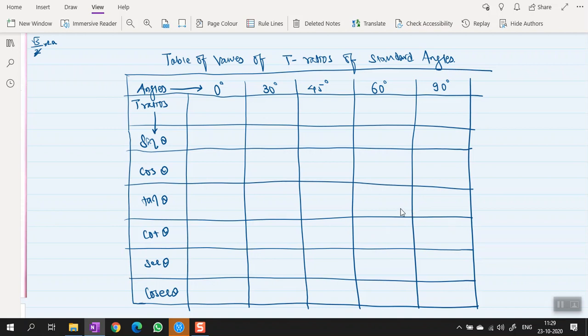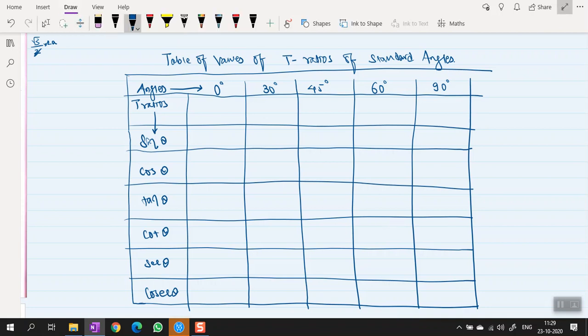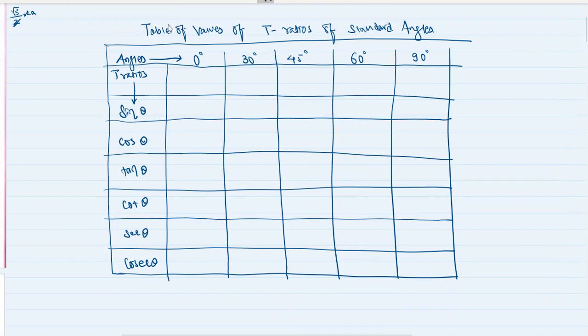Okay, so what you need to do is remember the first row. The first row being the row of sine theta, the values of sine of these standard angles.